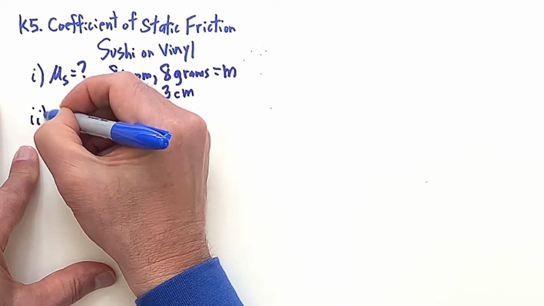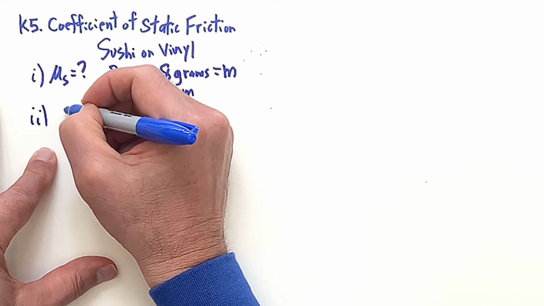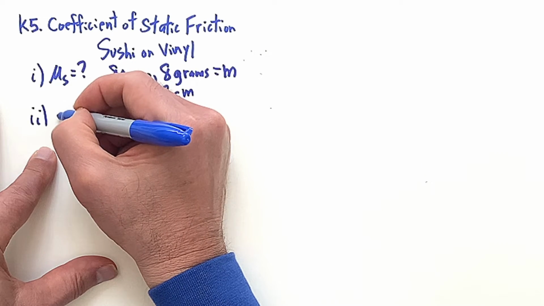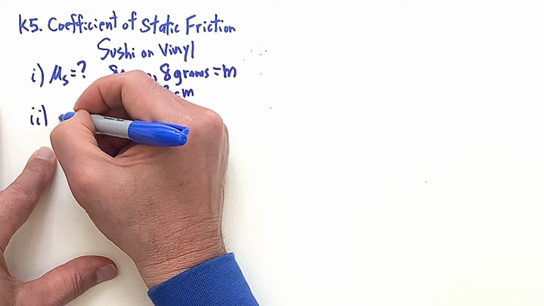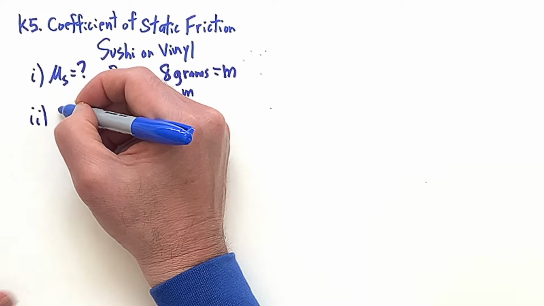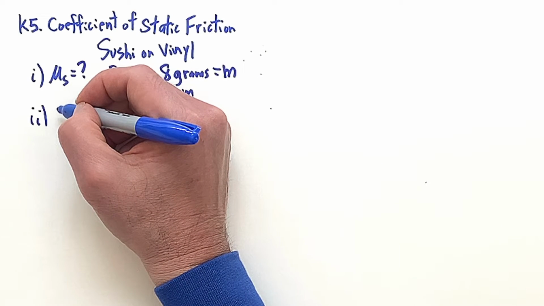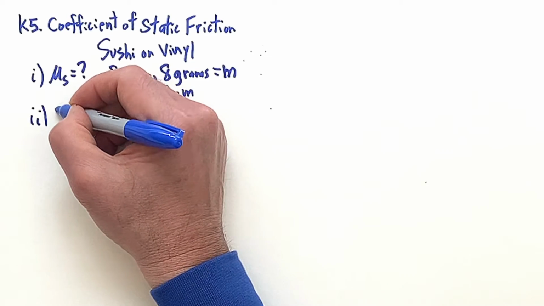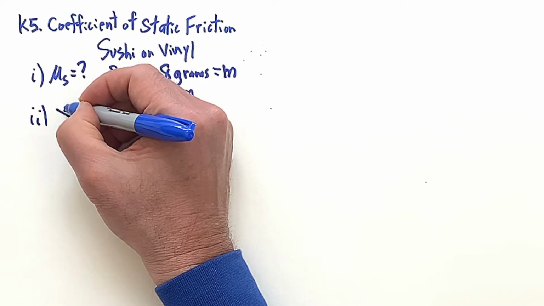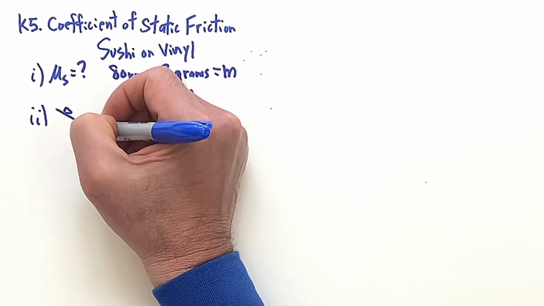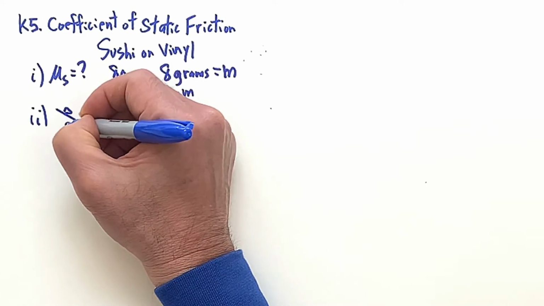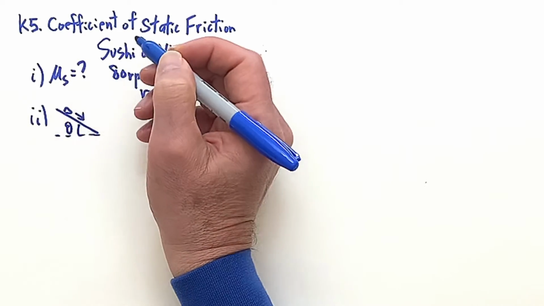And then part 2, relate this problem to one that we did earlier, where you take the vinyl record and the sushi, and you make an angle like we did earlier, where we had a slant, and then put the mass on there and keep increasing this angle and see when it starts to slide.